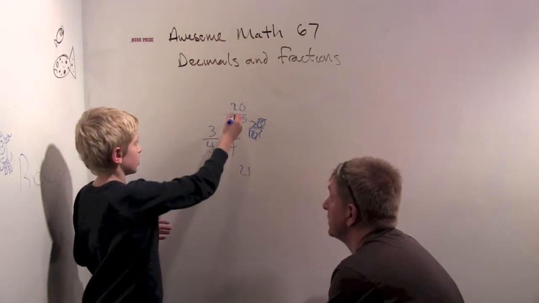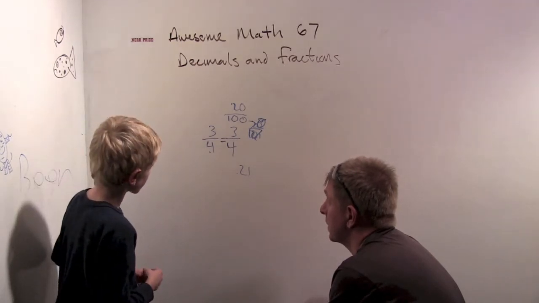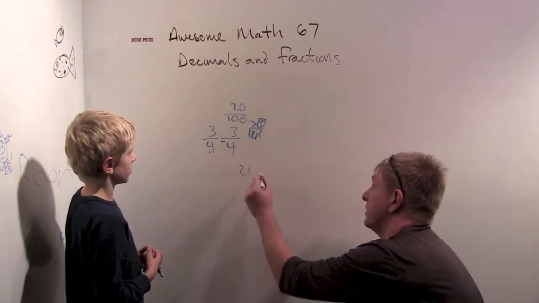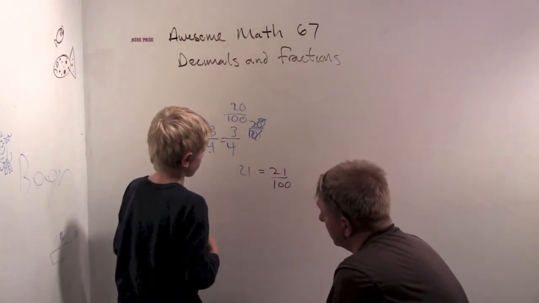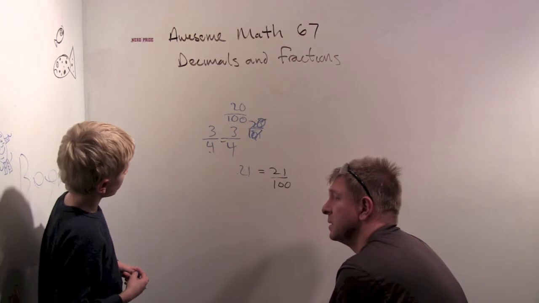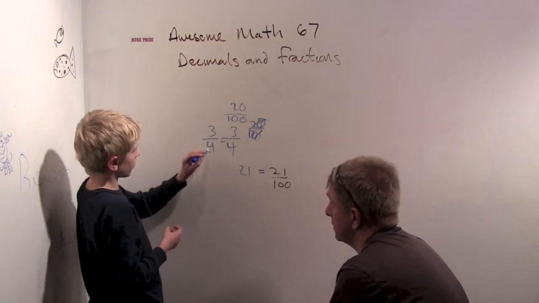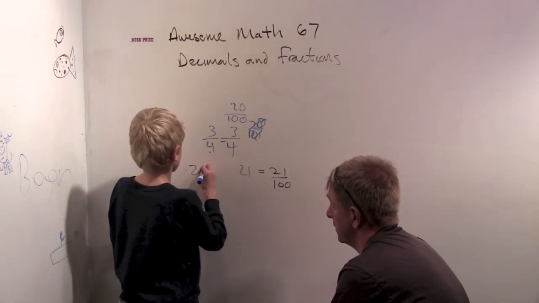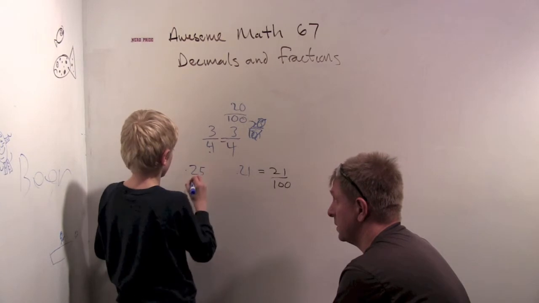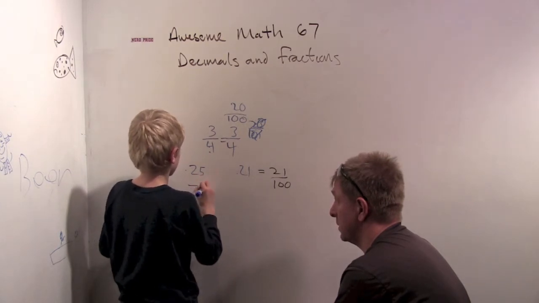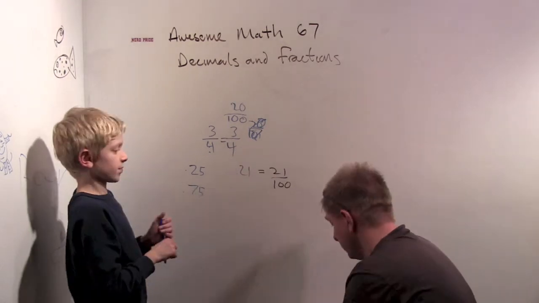So this might be a little off. 0.21 was 21 1/100th. So what do you think 3/4 might be? Maybe a fourth in decimal form is 0.25. So maybe it would be, times 3, 0.75. Interesting. That's right. Good job.